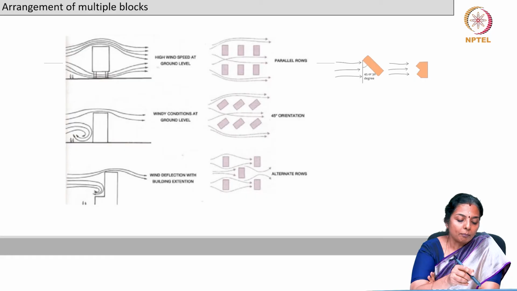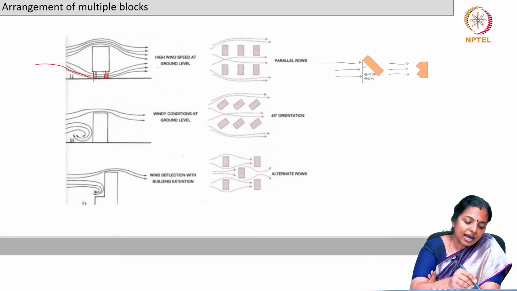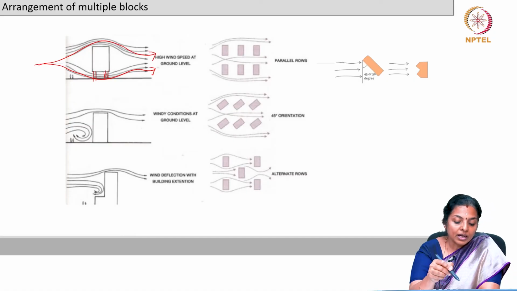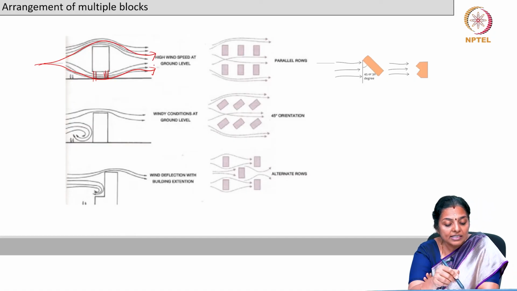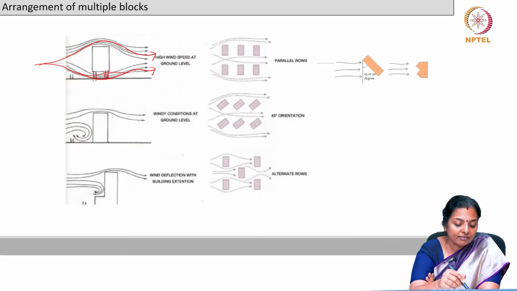So, by virtue of having a perforated base, air is channelized to move below and air also slides above. So, you have high wind speed at ground level, and there will be a wind shadow region here.